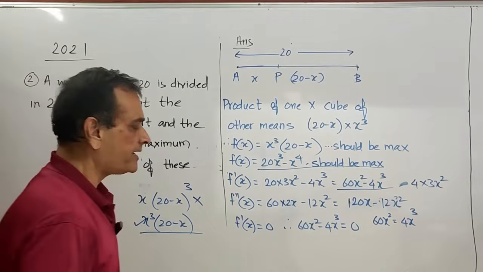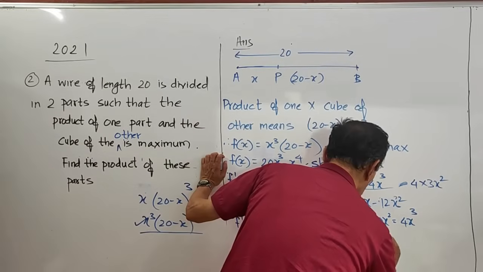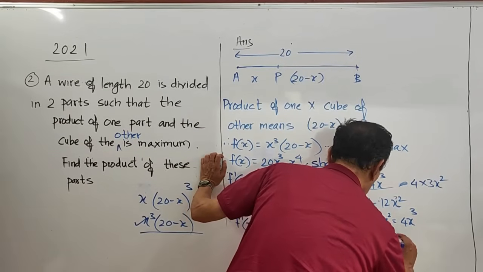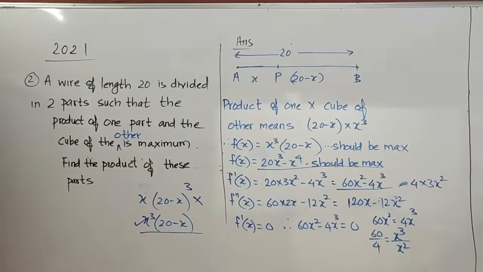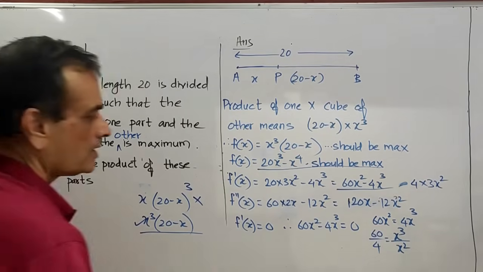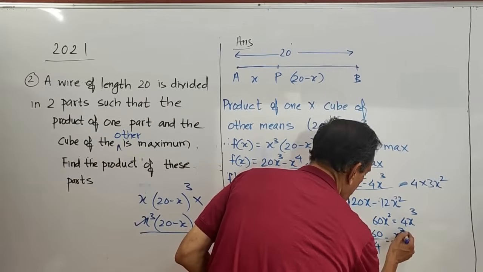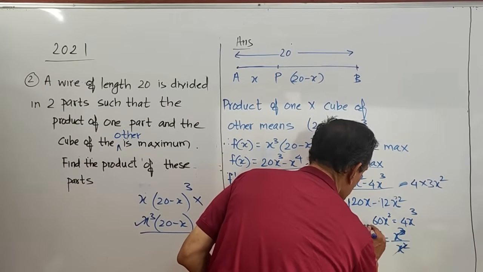So x cube और x squared one side को ले लो. 60 upon 4 is equal to x cube upon x squared. करो calculate. Simple calculation. x squared और x चला गया. Only x remains. 4 15 the 60.